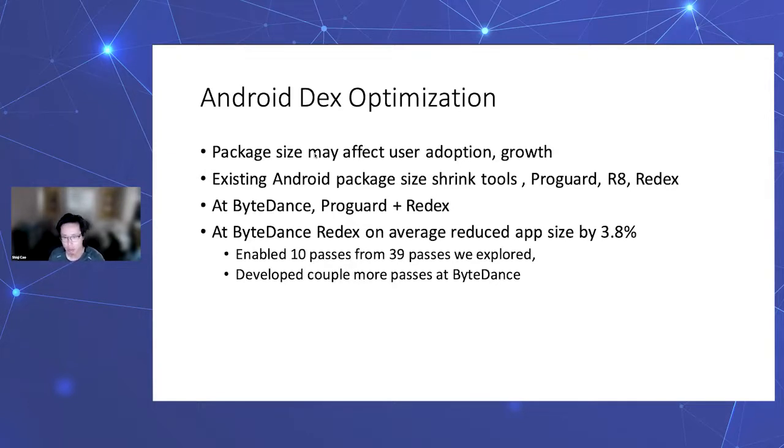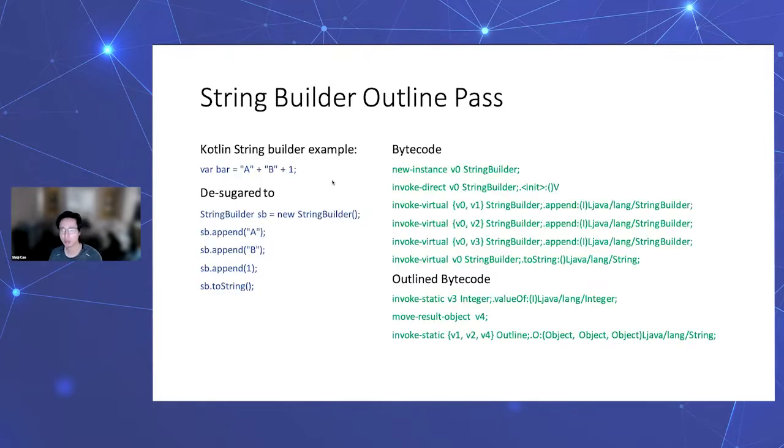Beyond that, we also developed a couple more passes ourselves. Redex is like a framework, so it allows developers to continue developing more passes on top of this platform. Next, I'm going to share two passes we developed on top of Redex, and the first one is the StringBuilderOutliner pass.